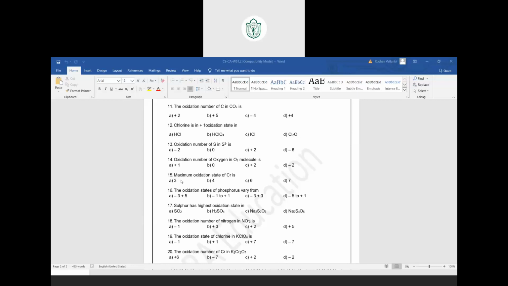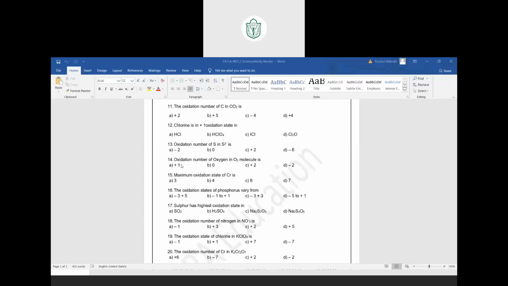Next, 15th one. Leave the 15th one, I will discuss it. 14th. Oxidation number of oxygen in O2 molecule is +1, 0, +2, -2. Oxidation number of oxygen in O2 molecule, O2 gas.